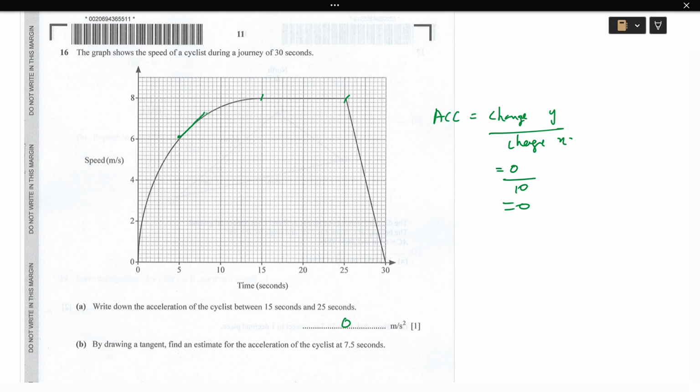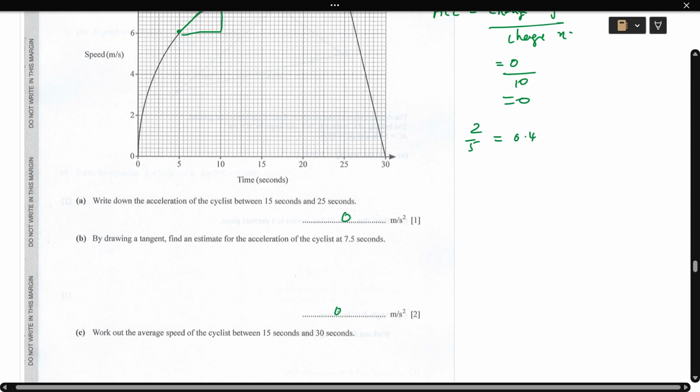Anyway, these 2 points I'm taking, so I need to check the change of y over change of x, which is 2 over, 6 to 8 is 2. So 2 over this distance. So this distance is going to be 5, so 2 over 5, which is equal to 0.4. So the next answer is going to be 0.4.